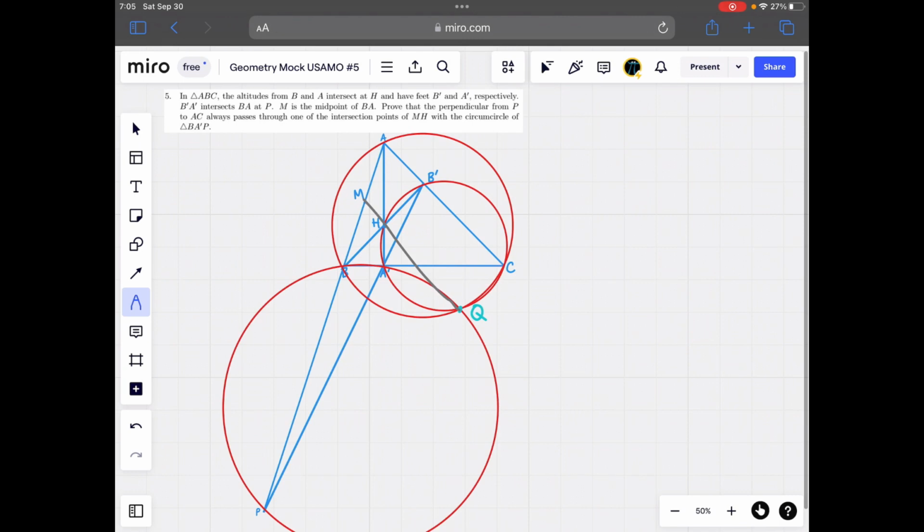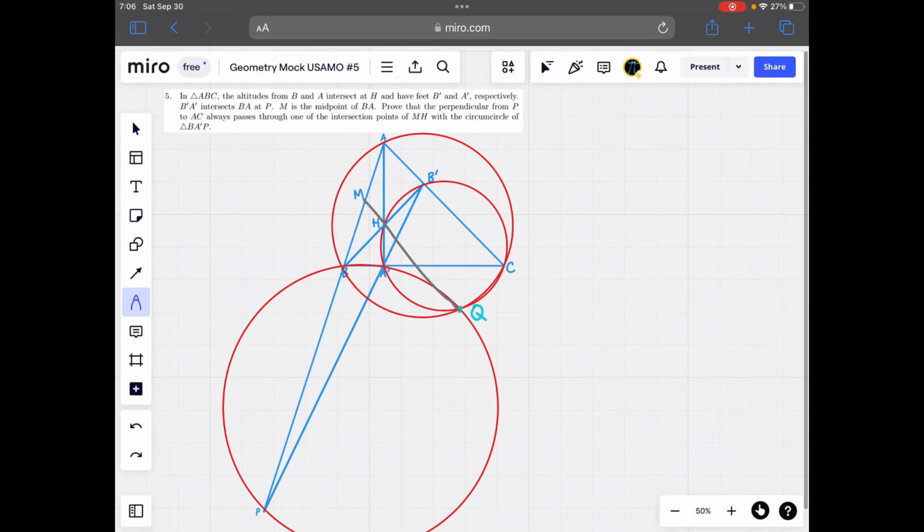We can use properties of Miquel points to do so. Recall that quadrilateral AB, A prime, B prime is cyclic, because both angle AB prime B and angle AA prime B are right angles. The Miquel point of any such cyclic quadrilateral is simply the point where its diagonals intersect, projected onto the line formed by the points where opposite sides meet.